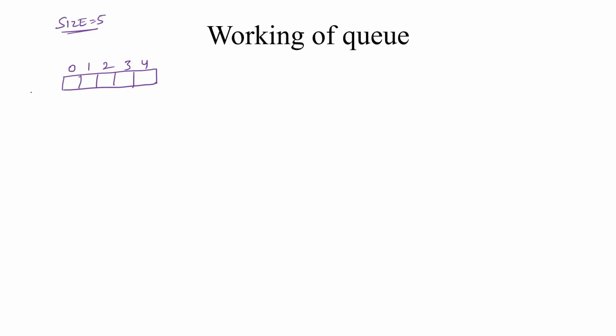Now, initially, when the queue is empty, your front value and your rear value will be assigned -1. The front and rear both being -1 means we can say that the queue is empty. When we insert the first element, let's suppose I'm inserting 2.